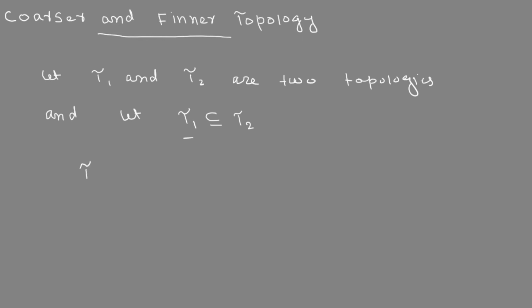Here if tau1 is contained in tau2, then it means that tau1 is coarser, it may be read as coarser or weaker topology.